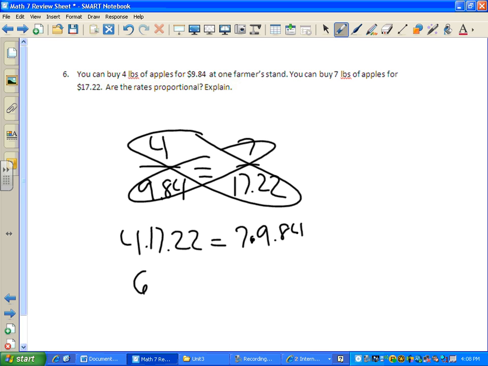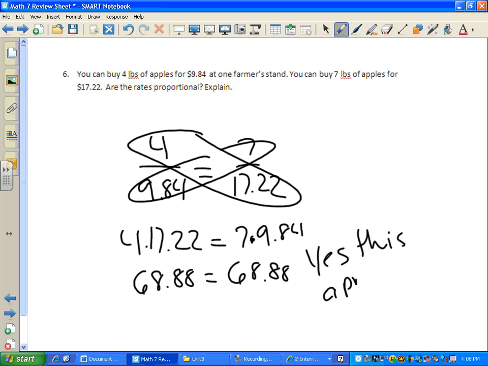We should get 68.88 over here, and over here we're going to get 68.88. And so yes, this is a proportional relationship. The cross products are equal.